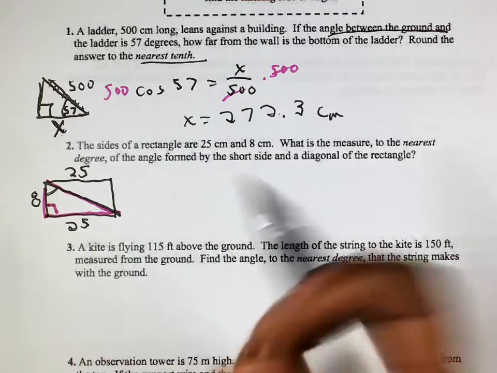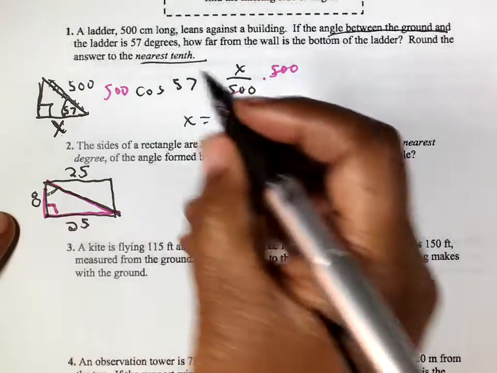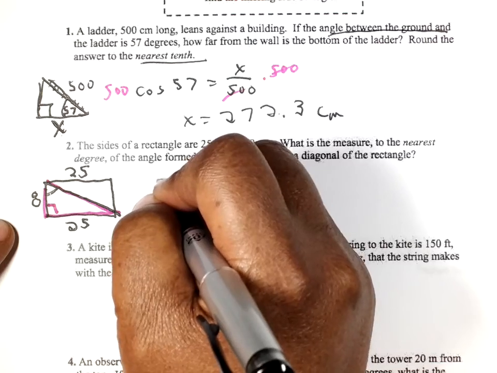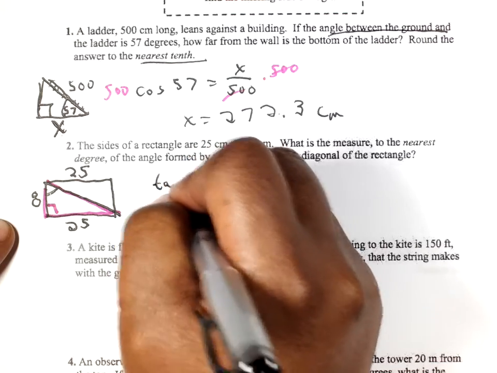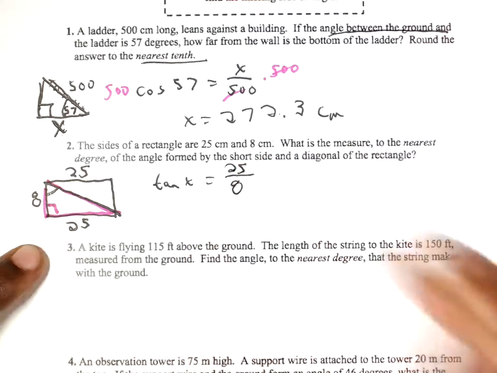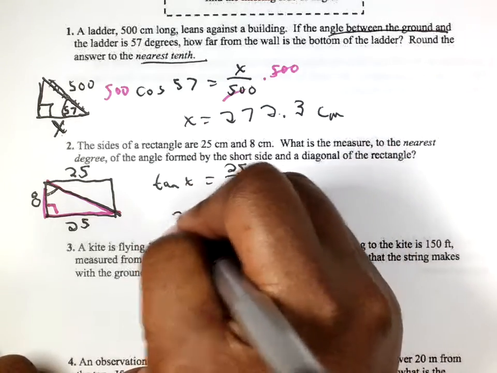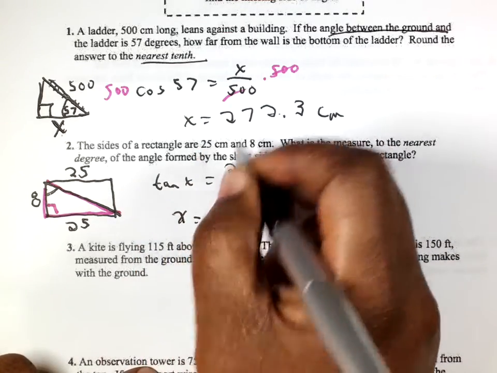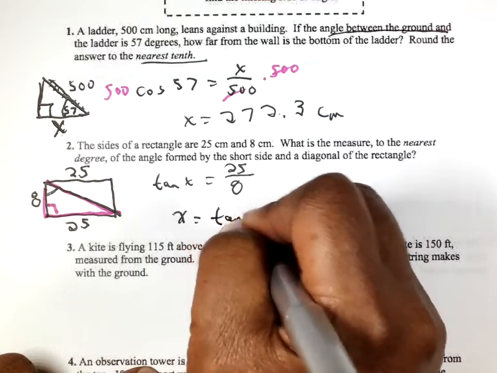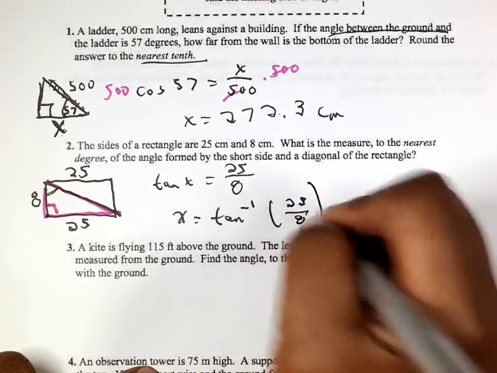So I want to find that angle, and I have the opposite side and the adjacent side. So tangent of x is going to be opposite over adjacent. So 25 over 8. And to find it, remember, we have to do the inverse. So we have to do the second function tangent of 25 over 8.